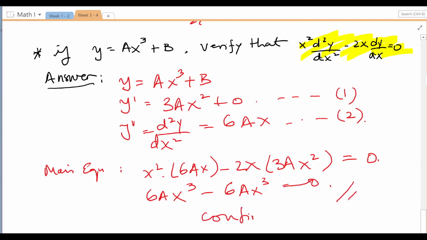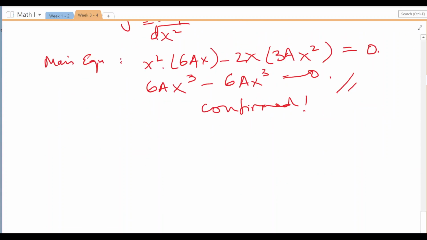You can just verify it: 6ax³ − 6ax³ equals 0. Okay, that's it.